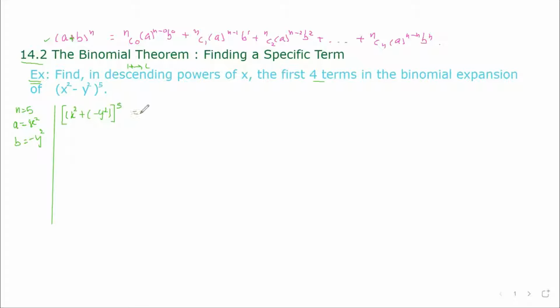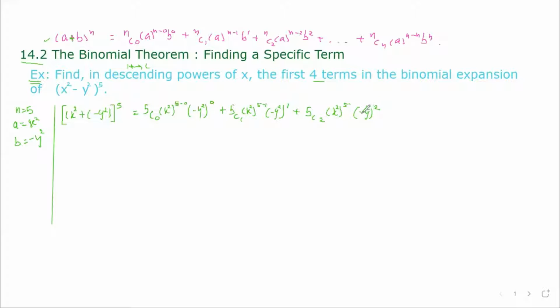Then we start to expand by using the binomial expansion. With n equal to 5, we have 5C0 (x^2)^(5-0) (-y^2)^0, then plus 5C1 (x^2)^(5-1) (-y^2)^1, next 5C2 (x^2)^(5-2) (-y^2)^2.